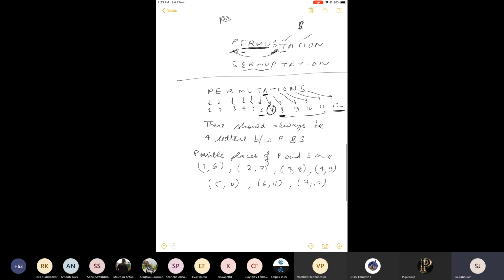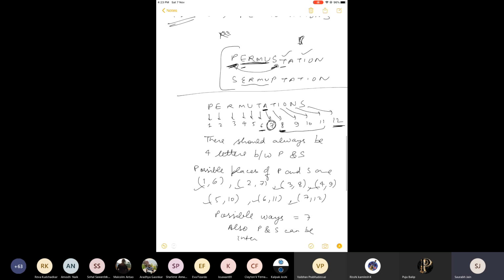Do not write 7 factorial. 7. 1, 2, 3, 4, 5, 6, 7. Okay. Now, P and S can also be interchanged, as I was saying, because it is not written. We have already taken this example. See here. Word is starting with P, then there is S somewhere. Word is starting with S and P somewhere.